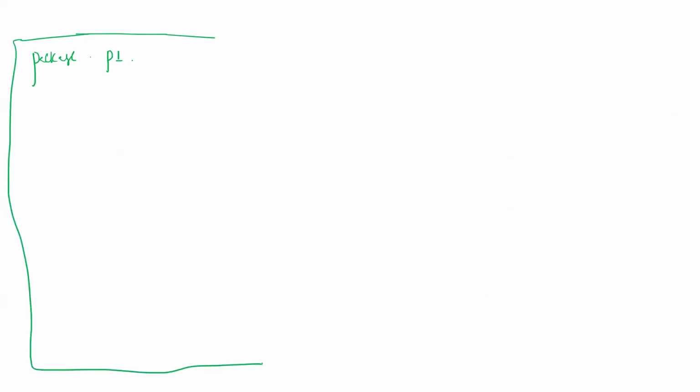The first example: there is a package, normally com dot and so on, but I'm keeping it simple, say P1. This is the first line of code in a Java file; the package line should be the first line of code. That's the rule.